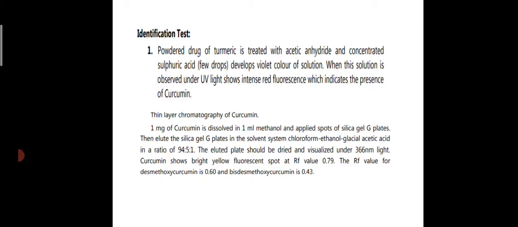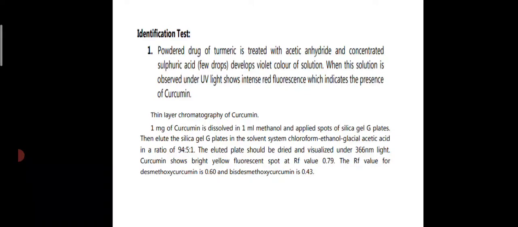How is the sample prepared? We take 1 mg curcumin, dissolved in 1 ml methanol. Then the stationary phase used is silica gel G, and the mobile phase used is chloroform, ethanol, and glacial acetic acid in a ratio of 94:5:1.